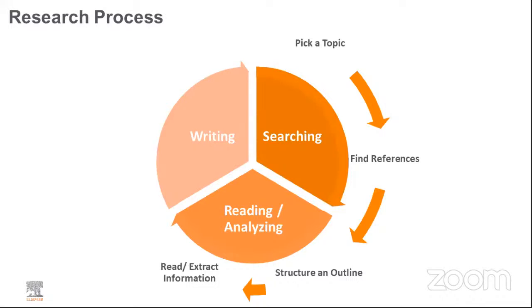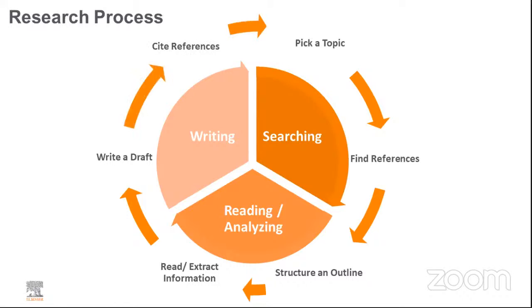Then as I read the papers, I'll extract information and write it under these titles or subtitles. I'll have to learn how to write a draft of a paper, and after I finish my writing, I'll have to cite the references I used, or write the proper citation.